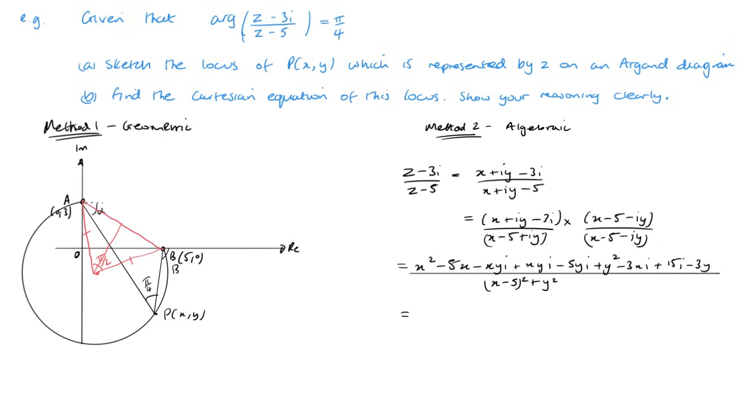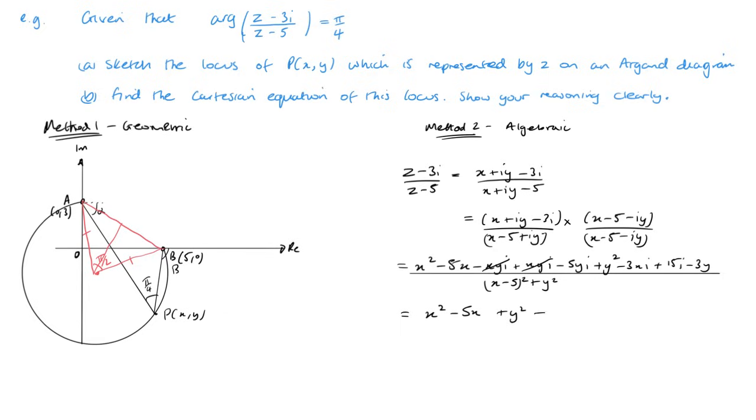So just dealing with the top, I've just got x squared minus 5x. These two will cancel with each other. Plus y squared.